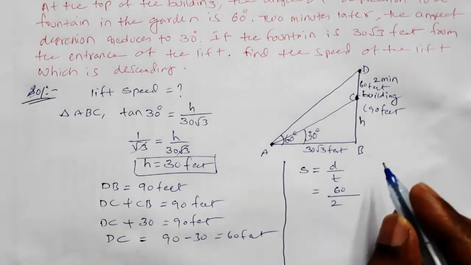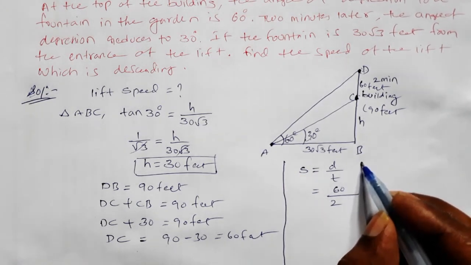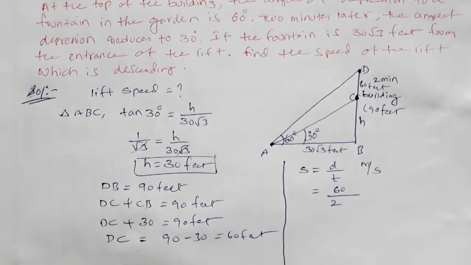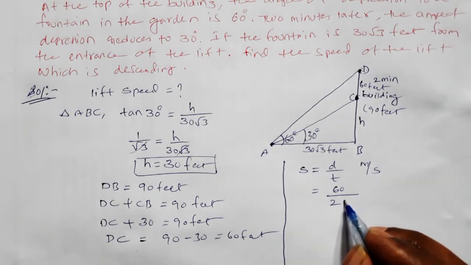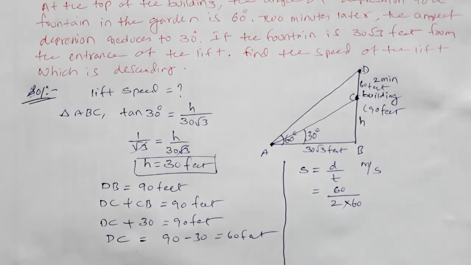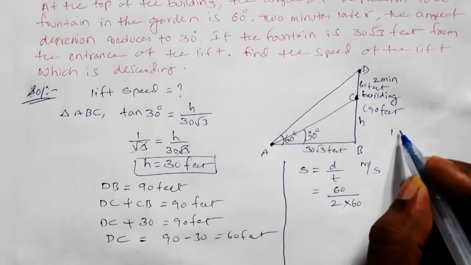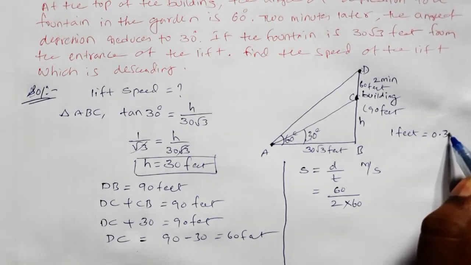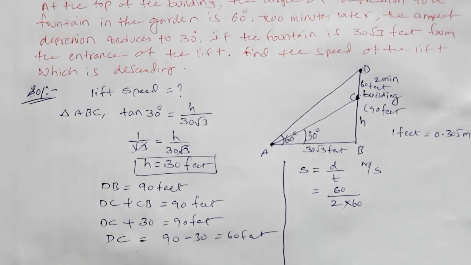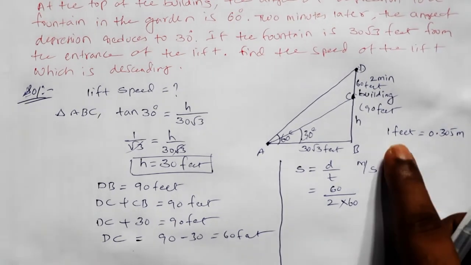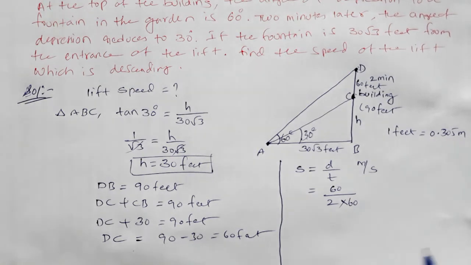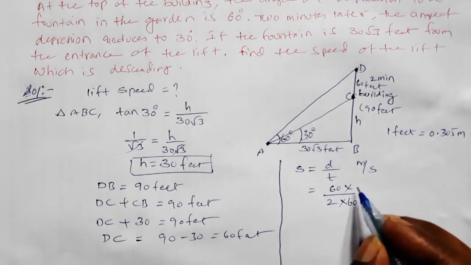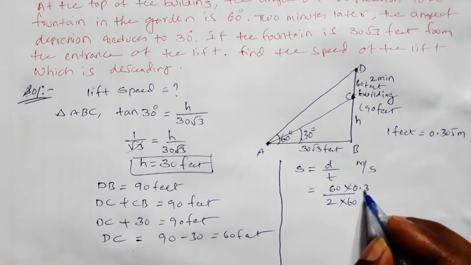Generally speed will be in terms of meters per second. So here it is 2 minutes, no? 2 minutes, you multiply by 60, you will get seconds. And here we have 60 feet. So we have to remember, 1 feet equals 0.305 meters. 60 feet, so multiply with 0.305.